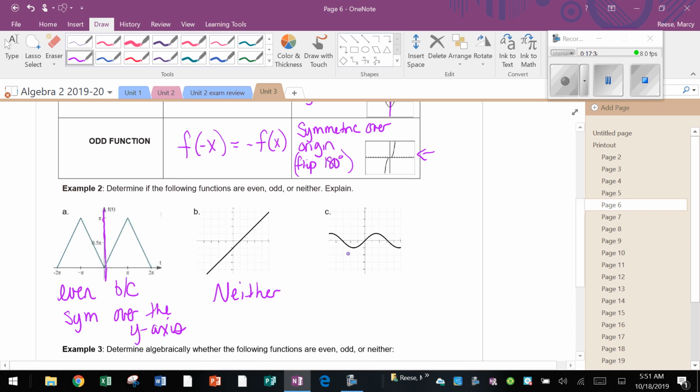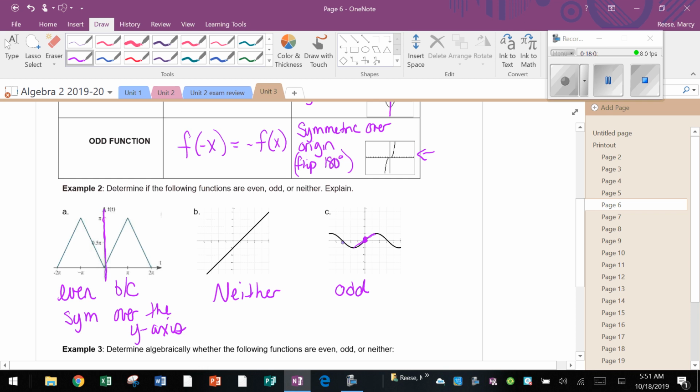Okay, and C, obviously there's one left, you know that I'm going to pick it. We're going to say this is an odd because if I were to flip it 180 degrees, or if I were to basically look at it about the origin, which is 0, 0, right? If I were to look at it about the origin, you can see symmetry here, right?